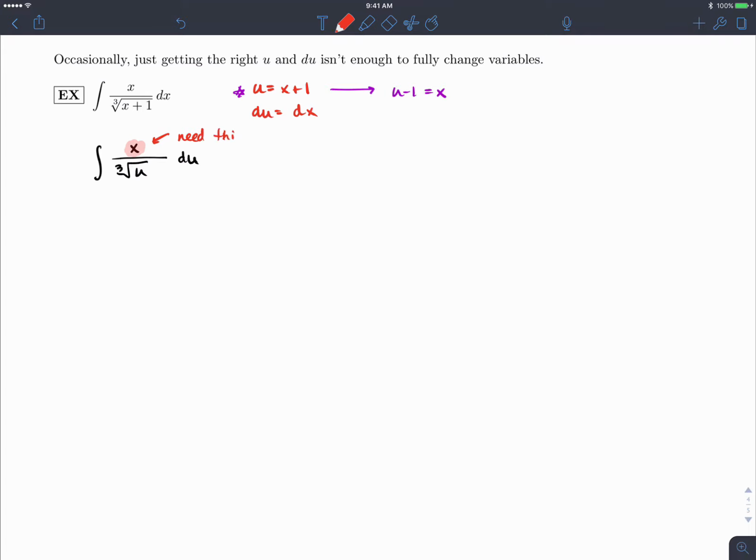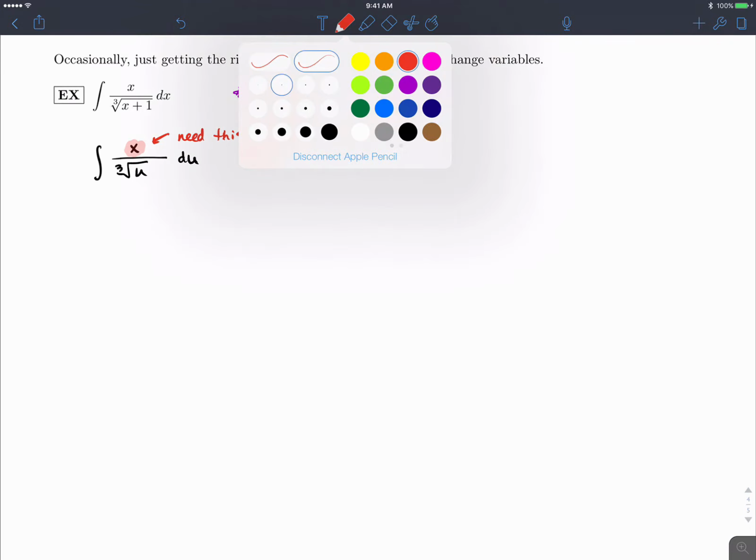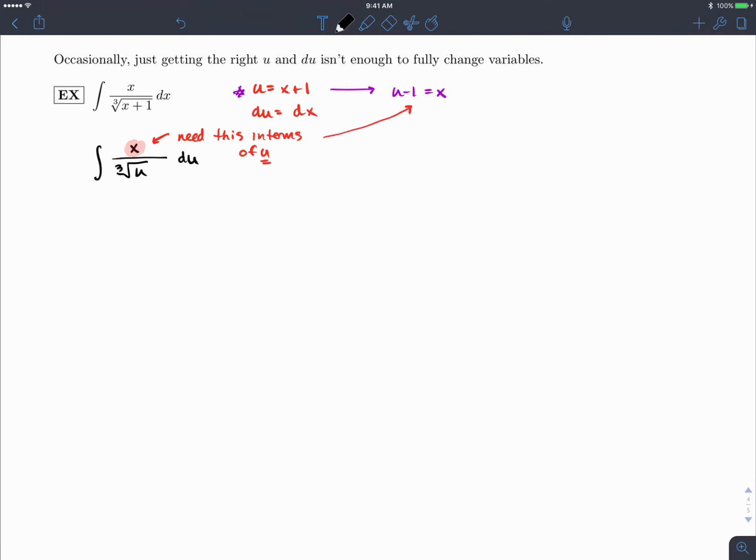This is going to help us do that. So now if we replace those two with each other, then we're going to have the integral of u minus 1 over u to the 1/3 du.